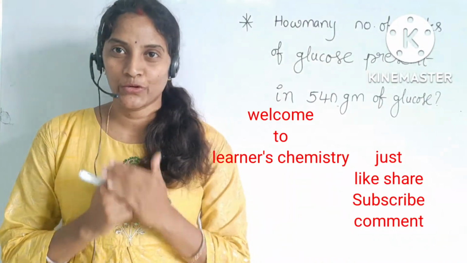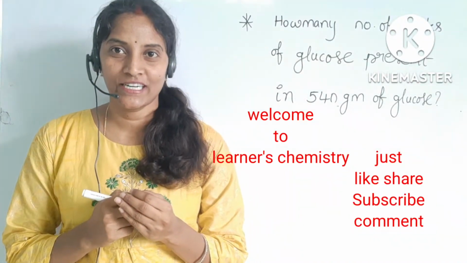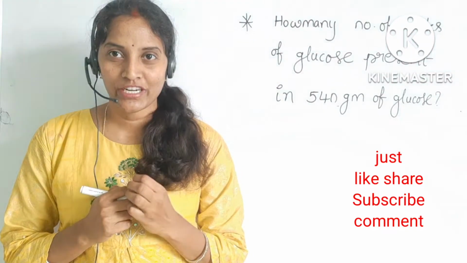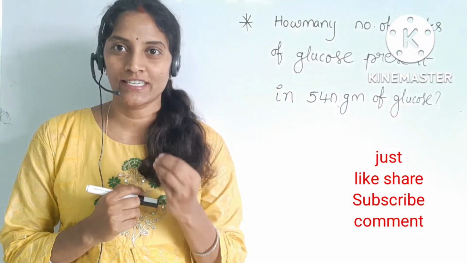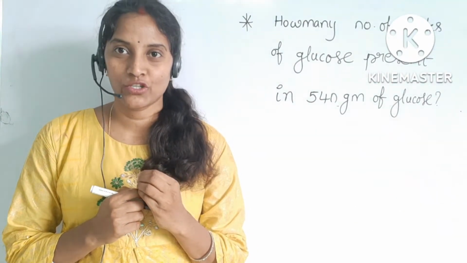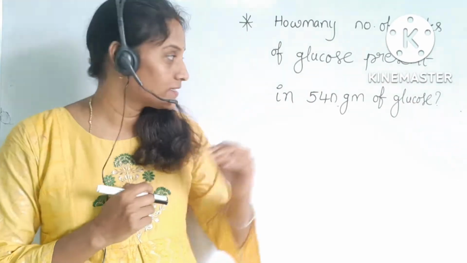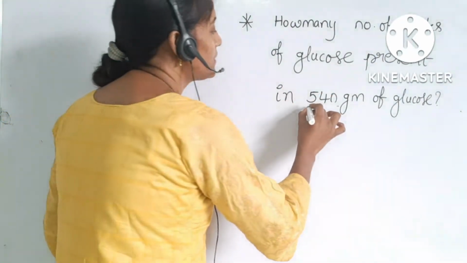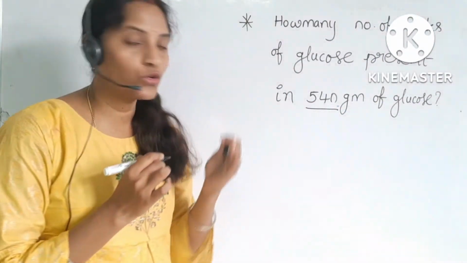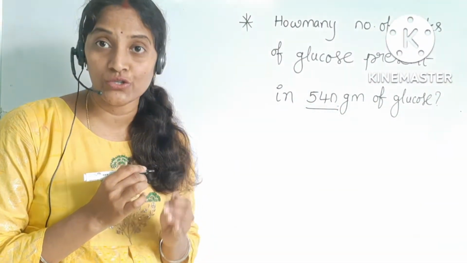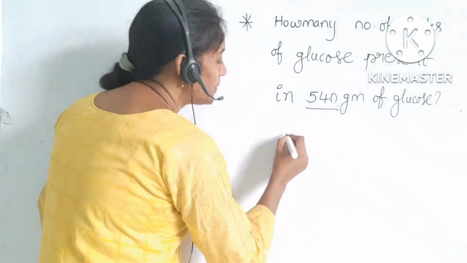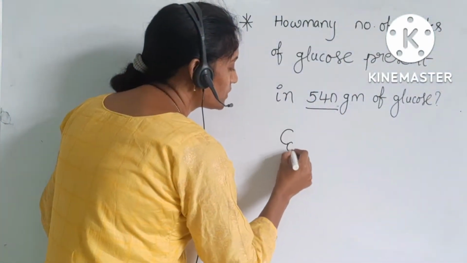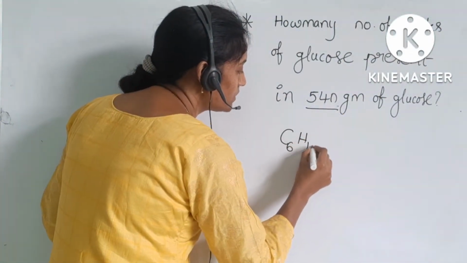Here is the problem. You should calculate how many moles of glucose are present in 540 grams of glucose. That means he gave you some weight of glucose, that is 540 grams. Before going to the calculation part, you need to know the molecular formula of glucose, which is C6H12O6.